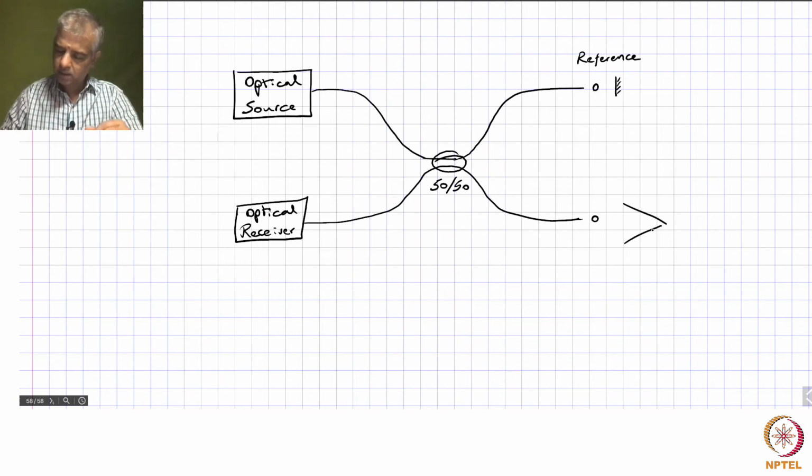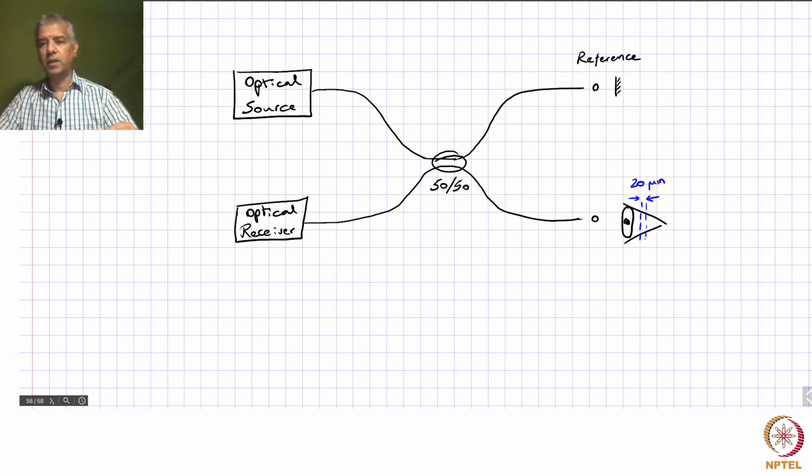So let's say this is our eye, right, and what we want to do here is look at what's happening layer by layer, right? And we want to do this with a very high precision. Let's say in the present case, we can possibly do this over 20 micrometers, right?